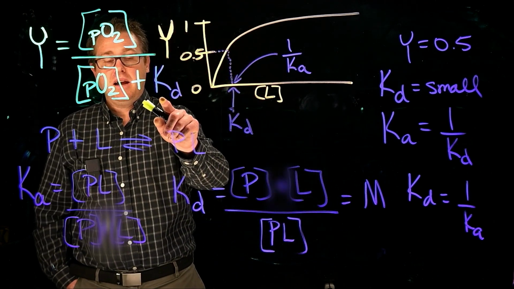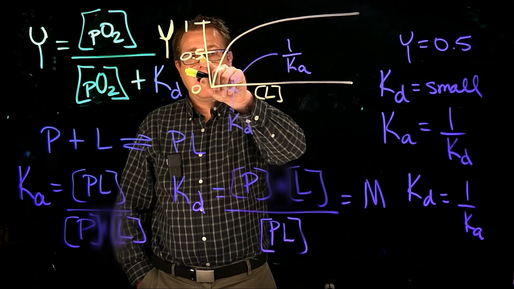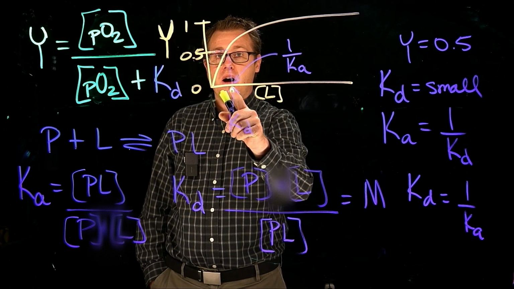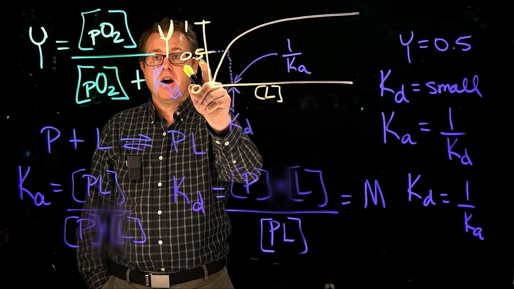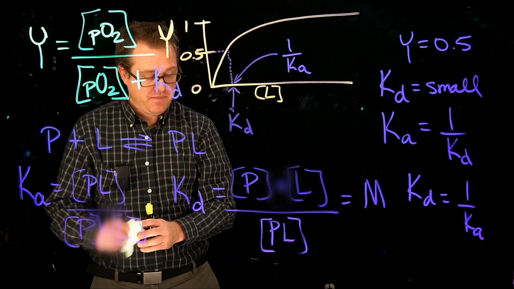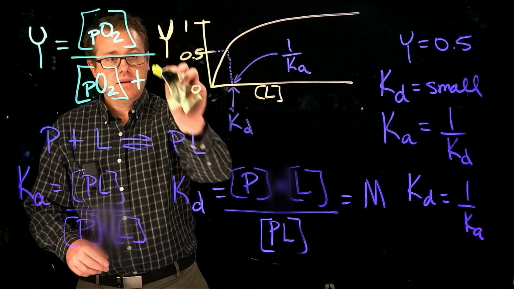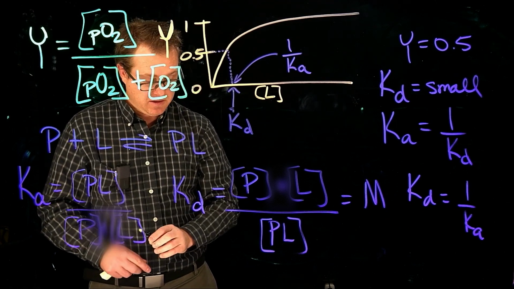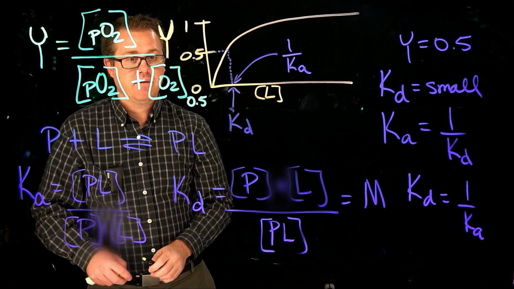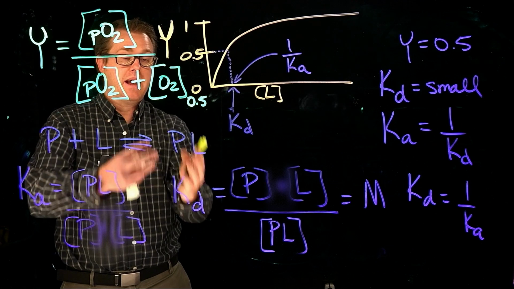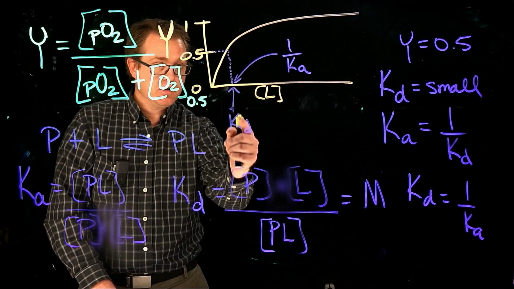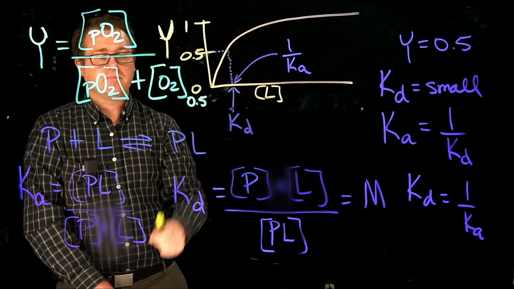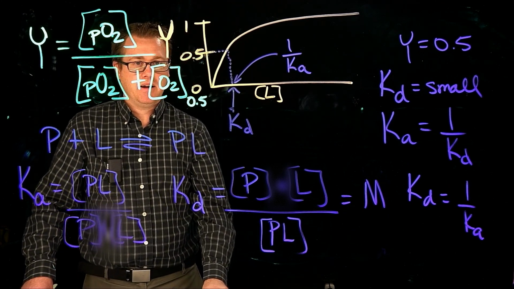Now the KD is at 0.5, meaning at a certain concentration of oxygen, when half of the binding sites are occupied, that would be our KD. So what we can say is the KD is going to be the concentration of our oxygen at 0.5. That's just another way of saying what our KD is: the concentration of oxygen when we reach that point where half the binding sites are occupied.